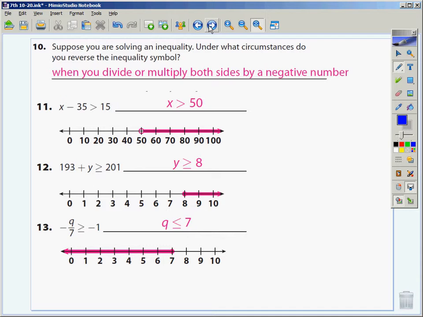The only time you'd reverse the inequality is when you multiply or divide by a negative. That's the only time that inequality symbol is going to be flipped. You're going to reverse it. And then you'll see 11, 12, and 13. Notice on 11 it's an open circle, 12 it's closed, and 13 is closed.